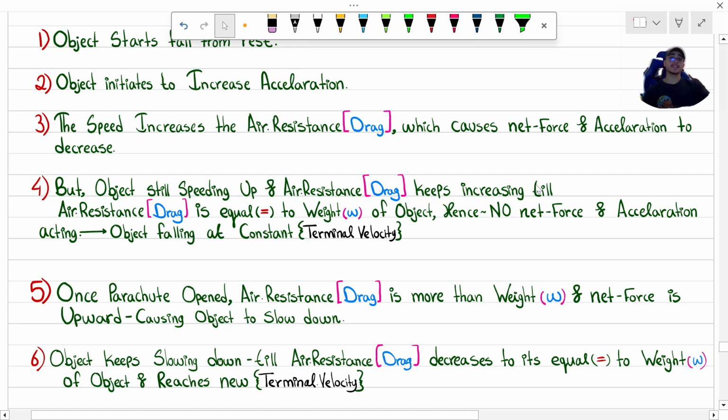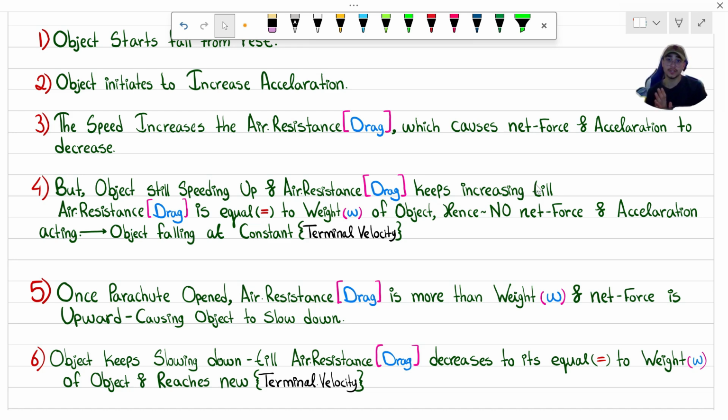As he's speeding downwards, the air resistance is going to increase, causing the net force and acceleration to decrease. But since he's speeding up, the air resistance will keep increasing till the air resistance is equal to the weight of the person going downwards, and there's no net force acting because up and down cancel each other out. There's no resultant force acting, and this is when the object will move at constant terminal velocity.